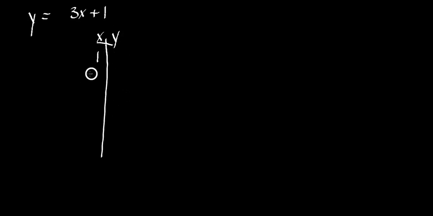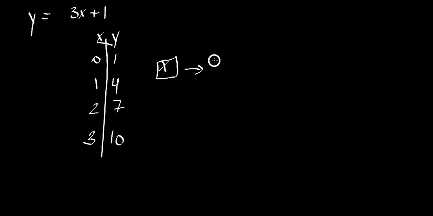Let me do 0, 1, 2, and 3. Plug in 0: 3 times 0 is 0, plus 1 is 1. 3 times 1 is 3, plus 1 is 4. 3 times 2 is 6, plus 1 is 7. And 3 times 3 is 9, plus 1 is 10. So what are we doing here? We are plugging in x values in order to get our y's.